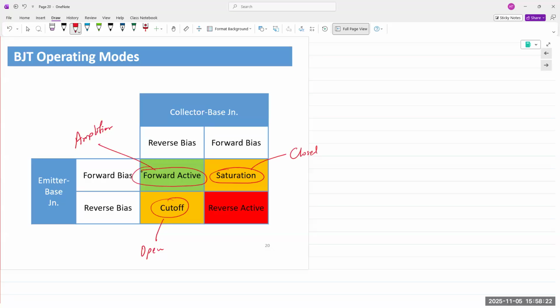And you take both modes together, we can use them as a switch. And it forms the basis for digital logic circuits. TTL topology. TTL is transistor-transistor logic. You can create digital circuits using BJTs.